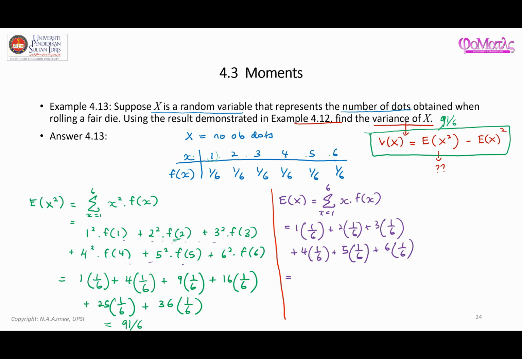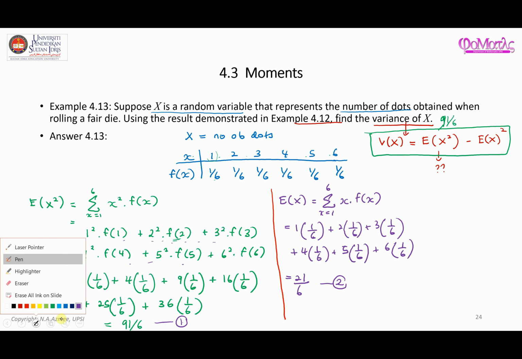If you punch in the values into your calculator, the result is going to be 21 over 6. So this is the second result that we get, and we're going to plug these two results into the formula to find the variance.